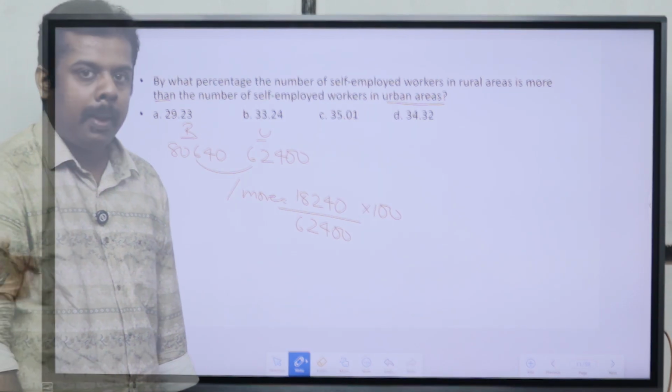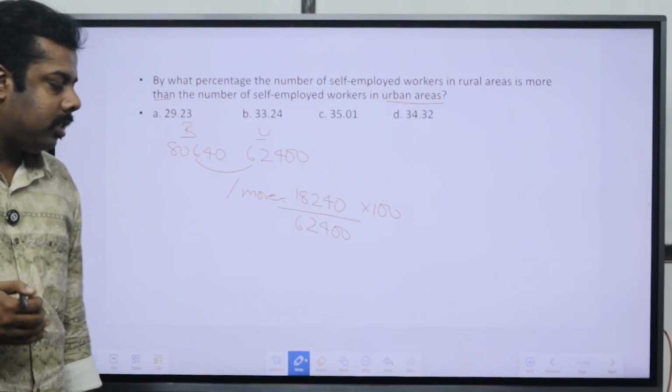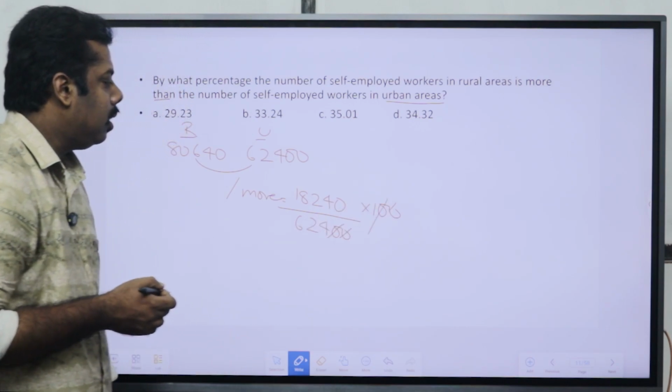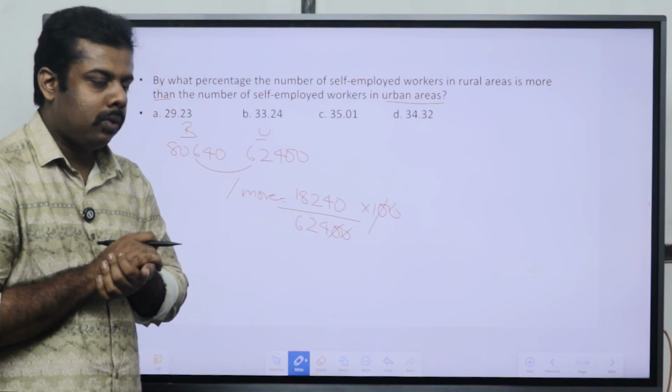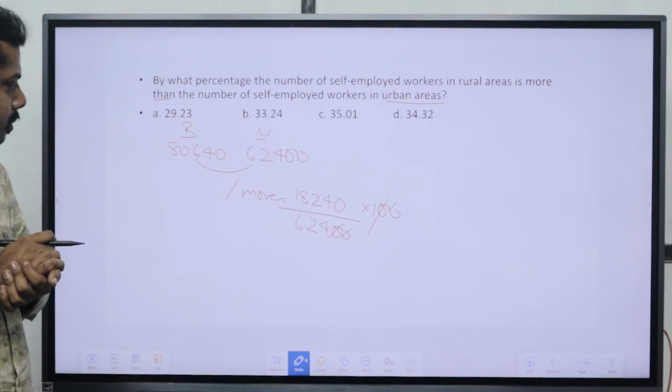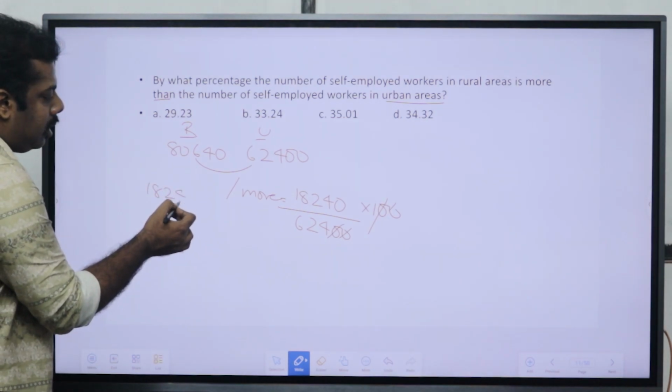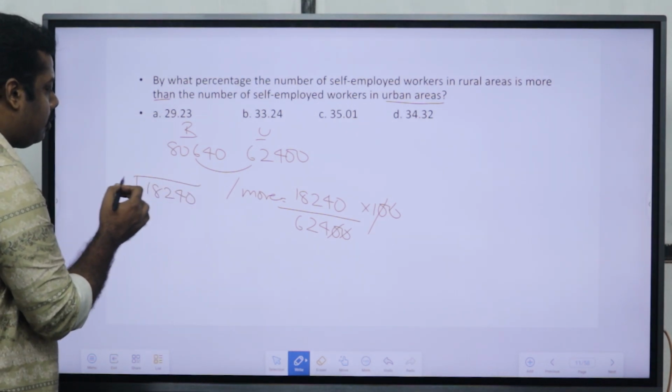Now we can calculate this. 100 is common basically, so you can divide these two values. 18,240 divided by 624.